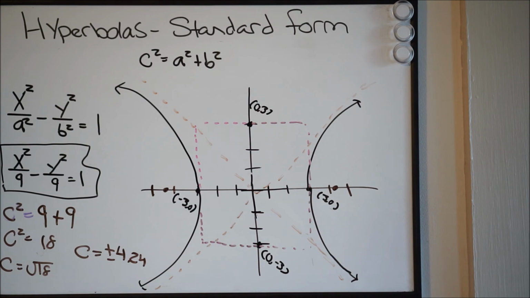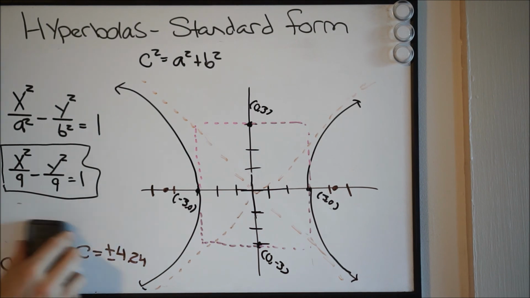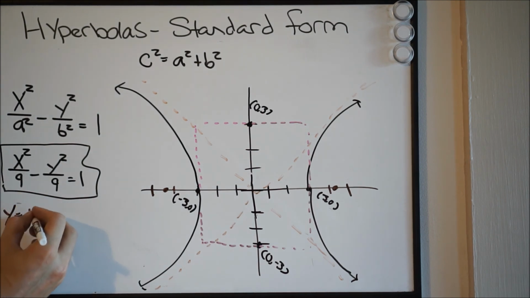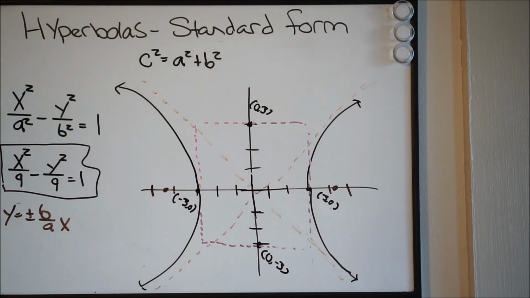Now there's one last thing we can do here, and that is find the asymptotes. Again, this is fairly easy. There's an equation we use when you're dealing with a horizontal hyperbola. That equation is y equals plus or minus b over a times x. So all we're going to do is plug this in.